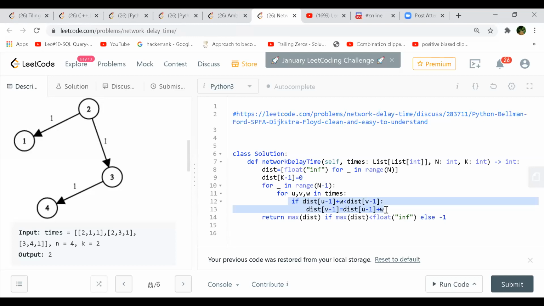Because if you have a value where your distance is infinity, and then you are starting from that node, that doesn't make sense for relaxing it, correct? So you need to have a least value to start with, right? At least some value, not the infinity. Yeah, that's true. Infinity plus anything you do will be infinity only, right?